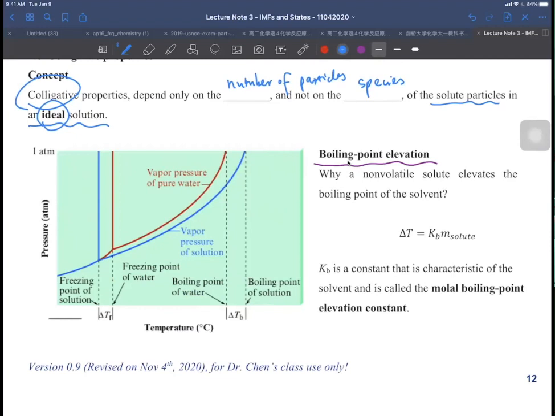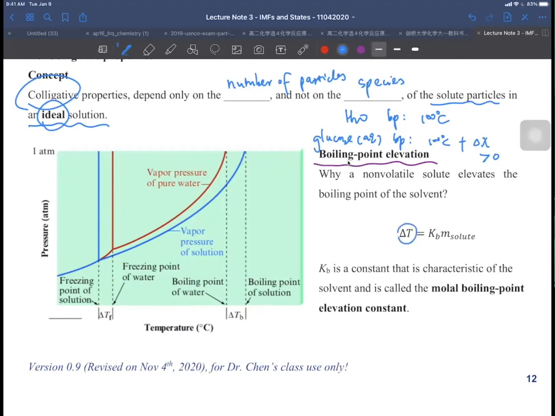For example, if pure water boils at 100 degrees Celsius, then the glucose solution will boil at 100 degrees Celsius plus a delta T. The delta T is positive, which means the boiling point is slightly higher.